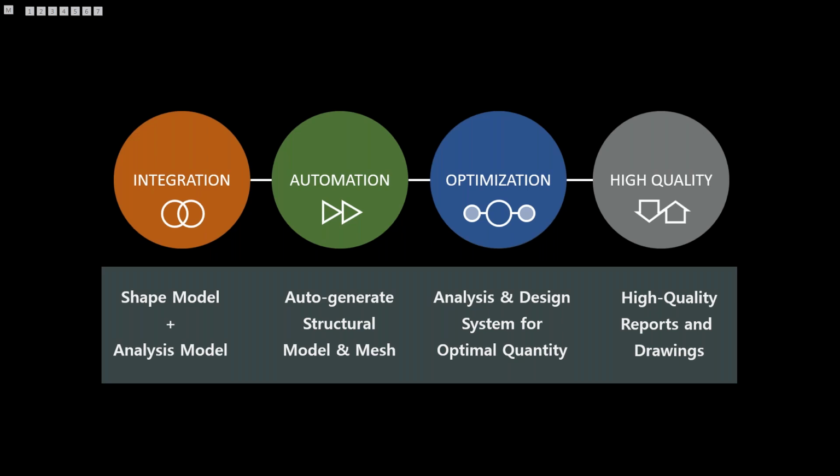Need not worry about the mesh size at all. And further, there is optimization performed by the program for steel as well as RC structures, after the design has been performed. And we can also generate high quality outputs like we saw with the help of report maker and the drawing.